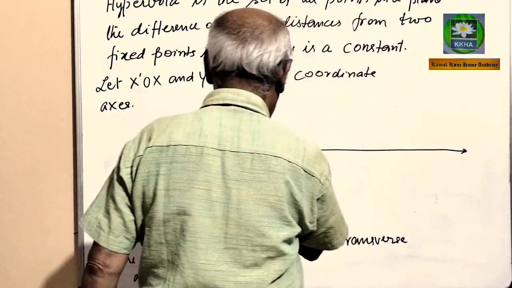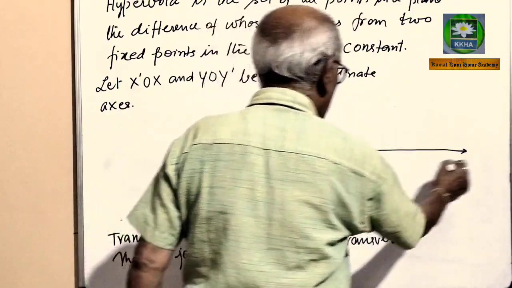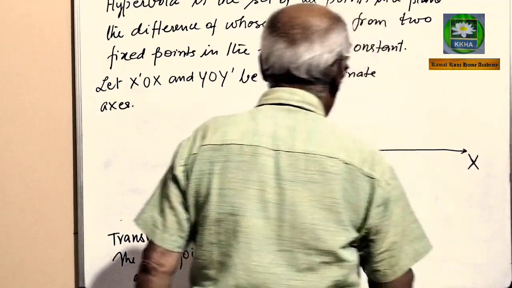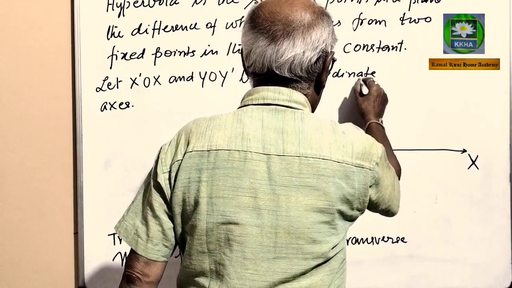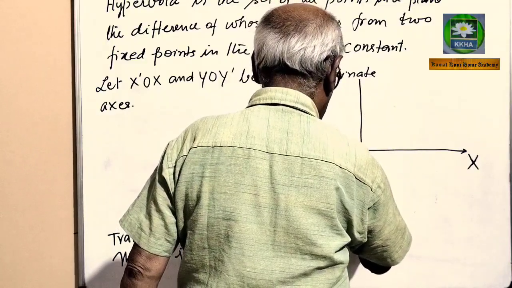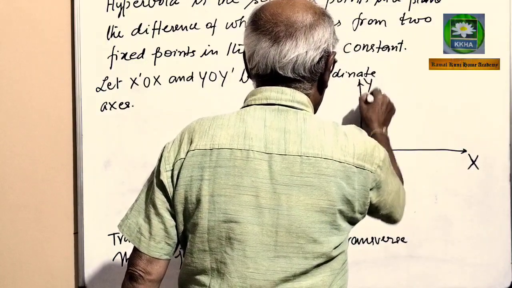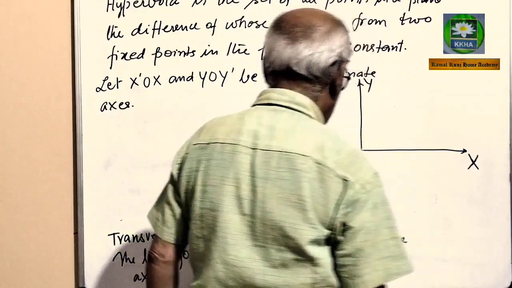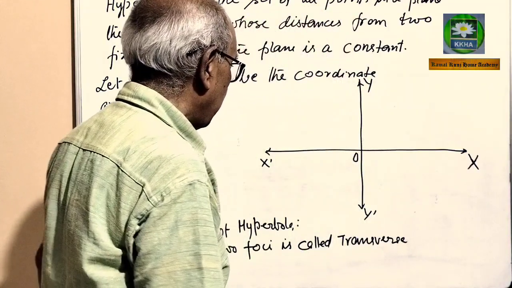This is the x axis, and this is YOY'. These are the coordinate axes.